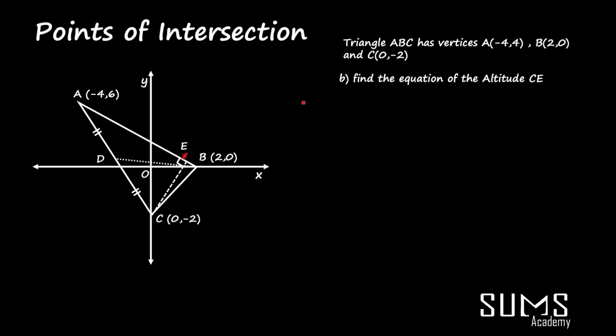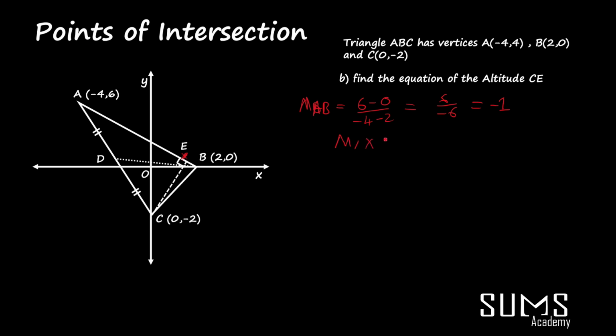First off, we'll get the gradient of line AB, which is 6 minus 0 all over -4 minus 2, which is the same as 6 over -6, which is a gradient of -1.